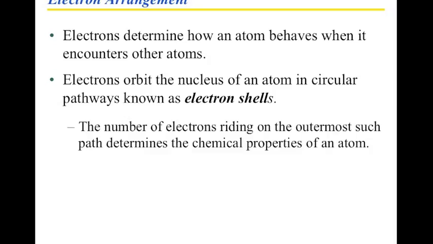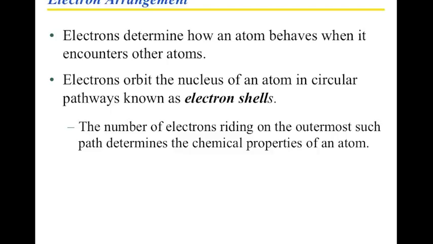It depends on what kind of atom you're looking at, what these electrons do and how many of them there are. One of the things you always want is for an atom to be electrically neutral.